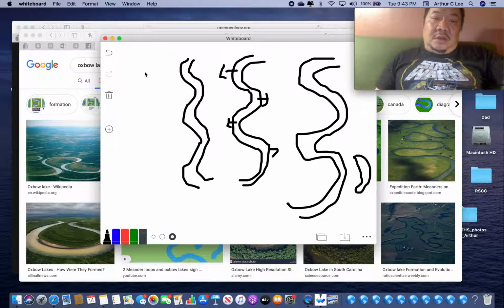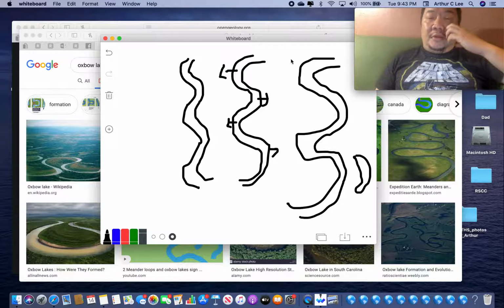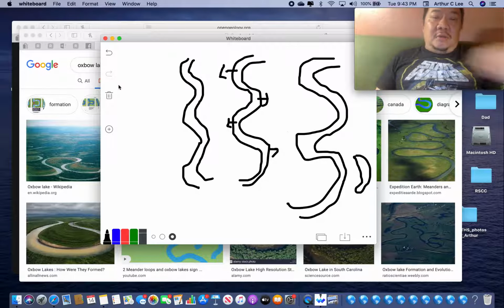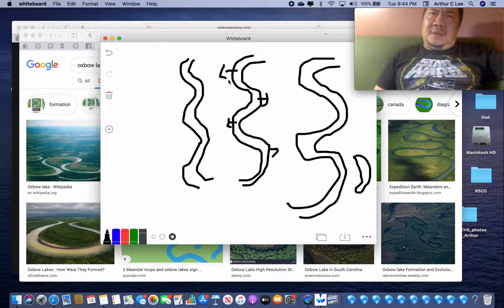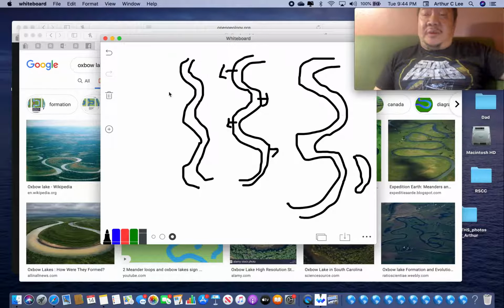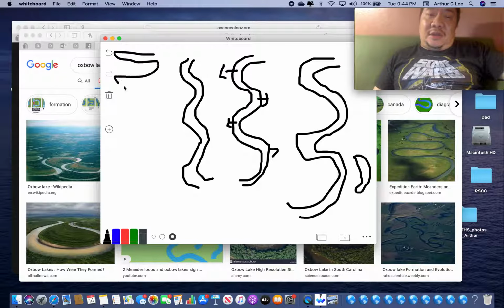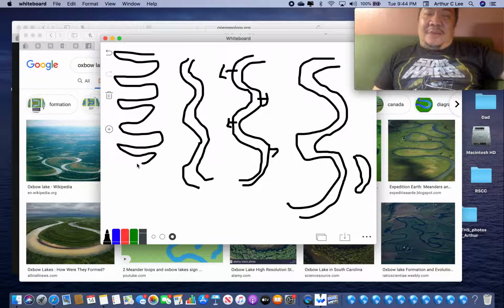So here's a young river, a middle-aged river, and an old river, right? The old river has a wide floodplain, Oxbow Lakes. How do you get these Oxbow Lakes? Well, if you think about it, this trend towards a more meandering river has to end somewhere. Otherwise, you'd have rivers that go like this, right? And rivers have to have some way of straightening themselves out.